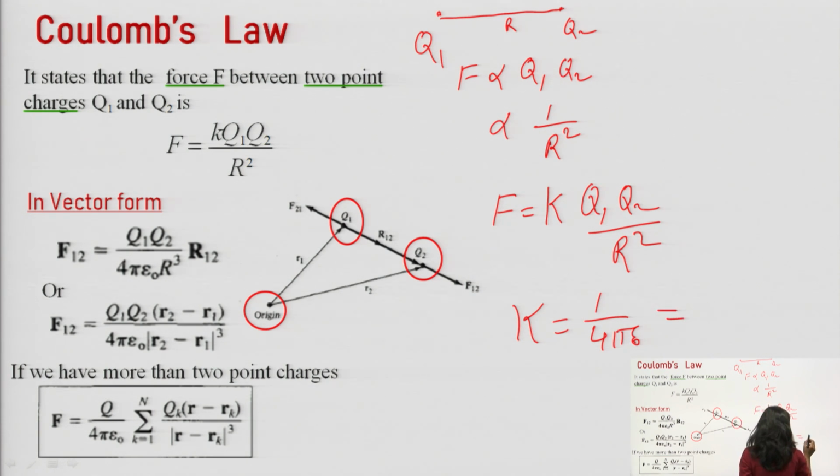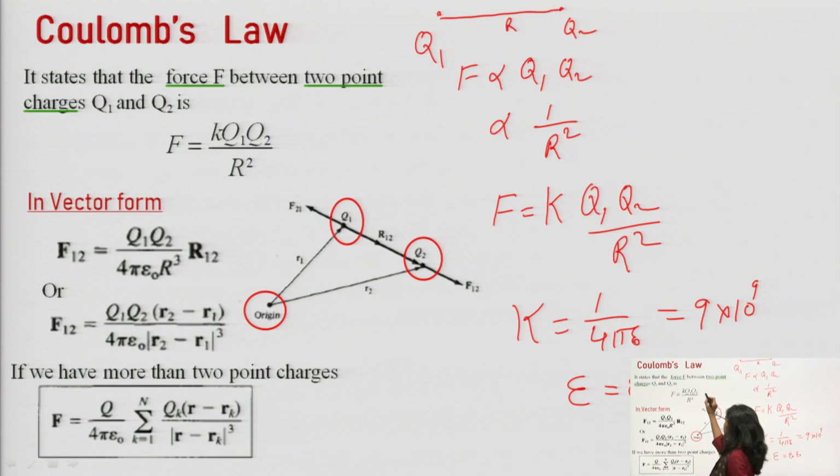In free space its value is 9 into 10 to the power 9, where epsilon is the permittivity. Epsilon is equal to epsilon naught into epsilon r, where epsilon naught is the permittivity in free space and epsilon r is the relative permittivity.